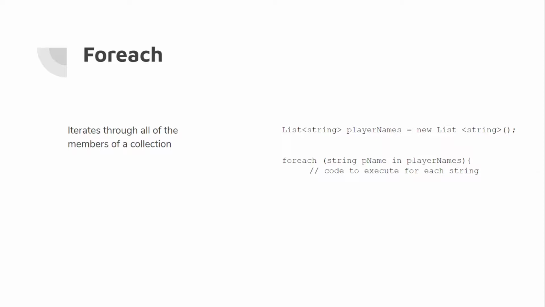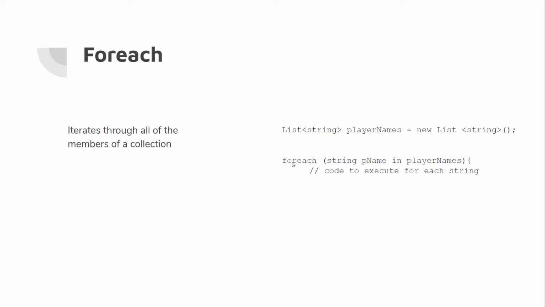If you have an array of, say, 10 strings, or a list that is a bunch of strings, and you want to operate on all of the things in that list, you would use foreach. For example, I might have a list of strings that were player names, Bob, Fred, Janice, and so on.